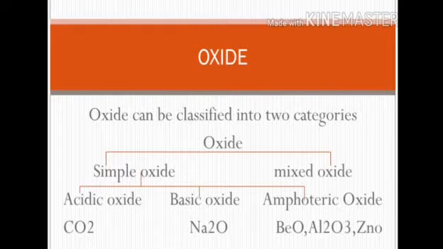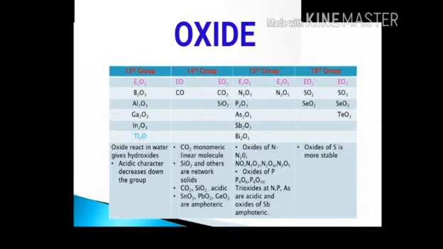That is, when we move down the group, there is an increase in the basic character of oxides or a decrease in the acidic character. Then we can check the oxides formed by each group in the P-block elements.